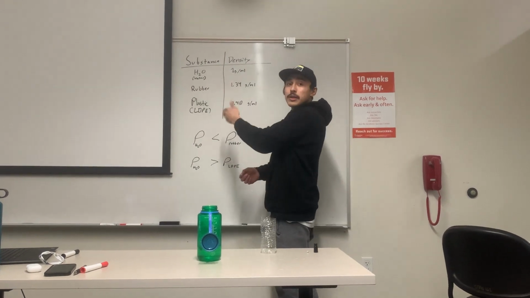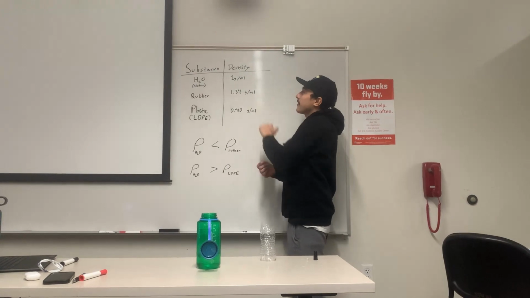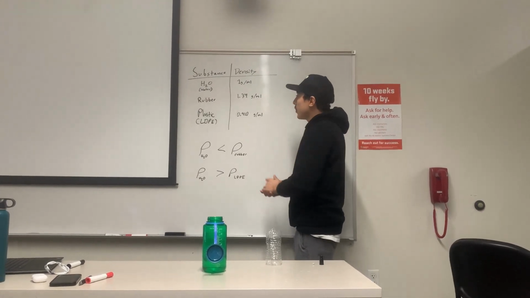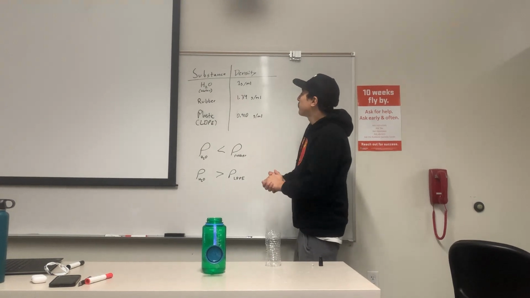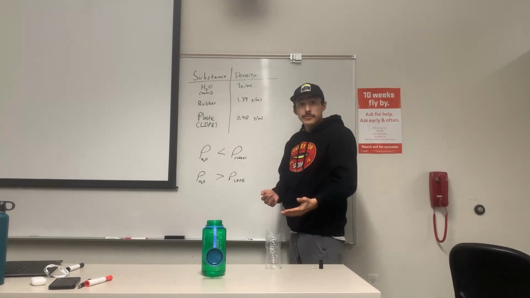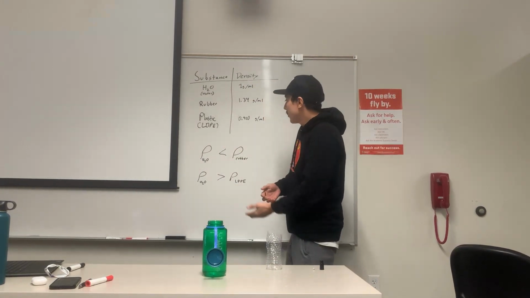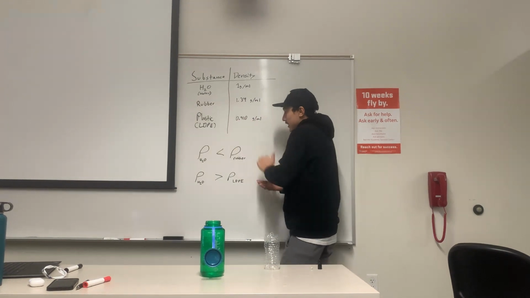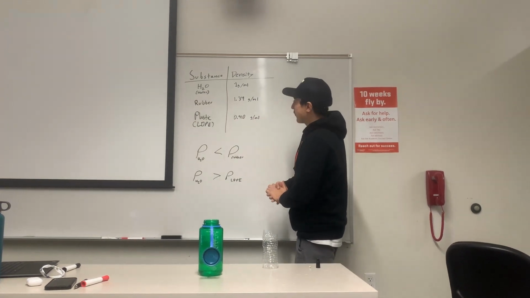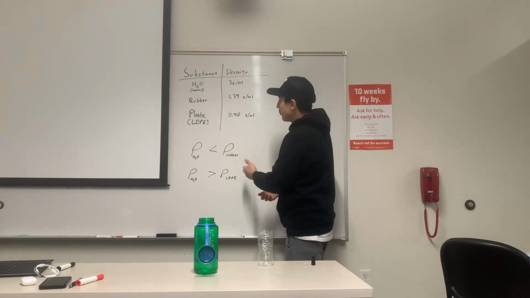We're going to be looking at rubber and plastic in comparison to water. As you can see, water has a density of 1 gram per milliliter, rubber has 1.34 grams per milliliter, and plastic has 0.91 grams per milliliter. Now, according to method 3 that we recently discussed, we can see that water has a lower density than rubber, and H2O has a higher density than the plastic.